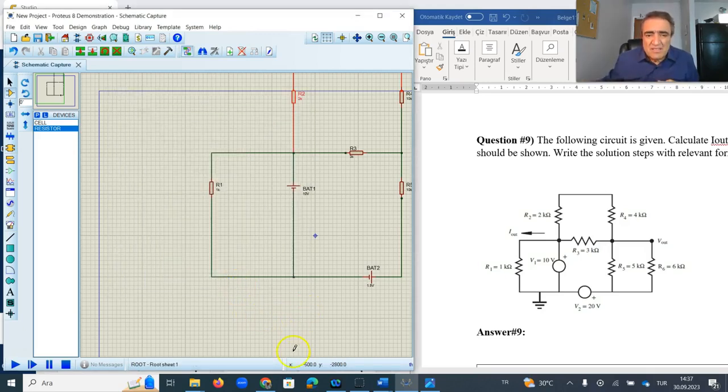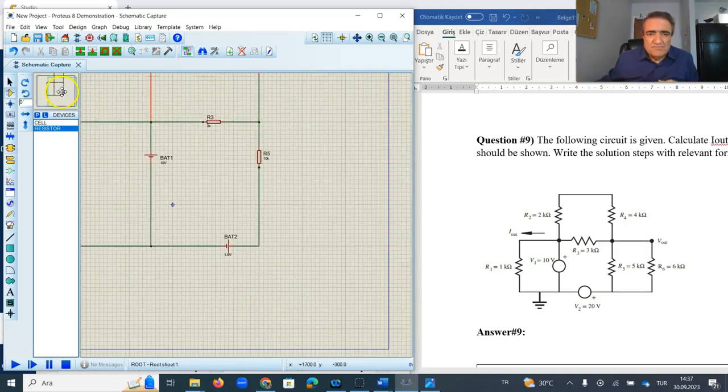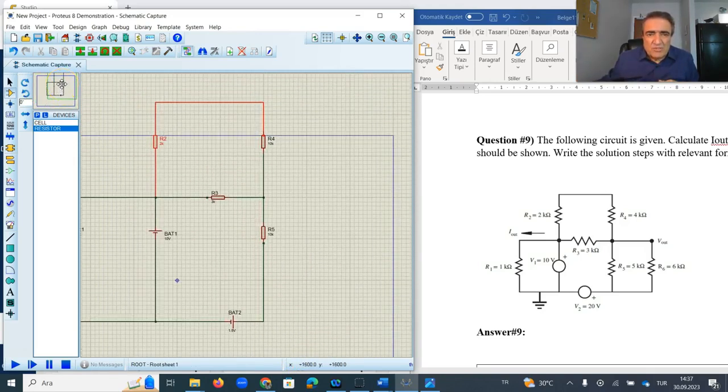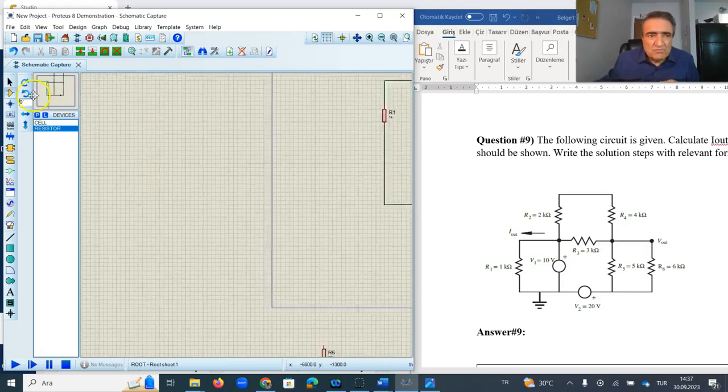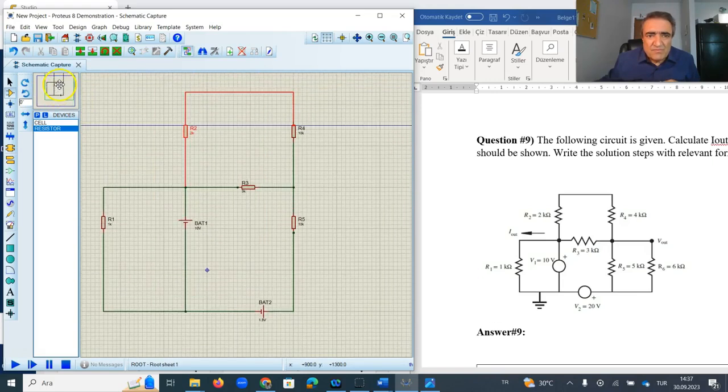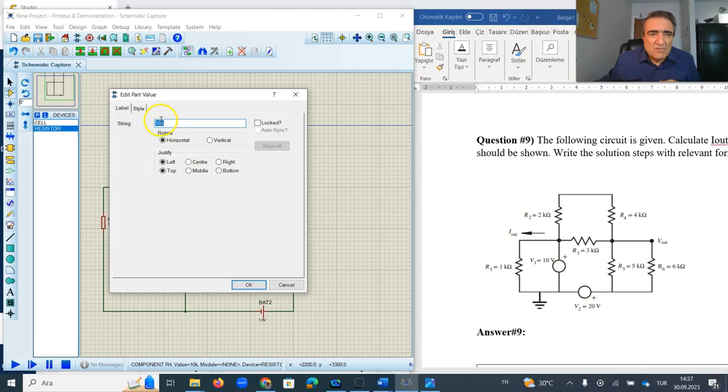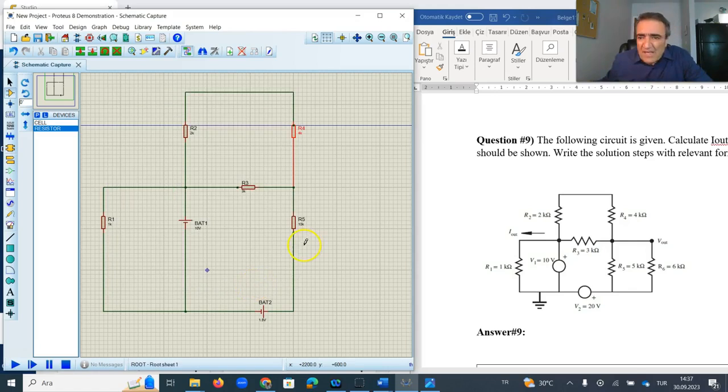Okay. We already did R3. What about R4? R4 should be 4 kilo ohm. And R5 is given as 5 kilo ohm.